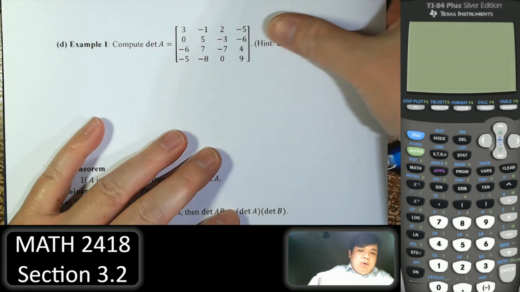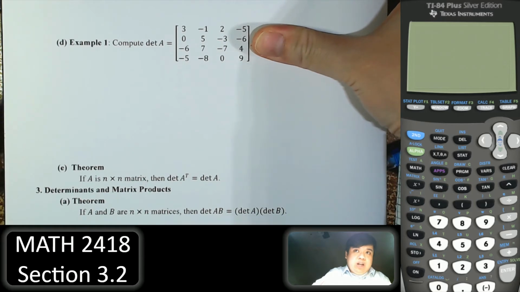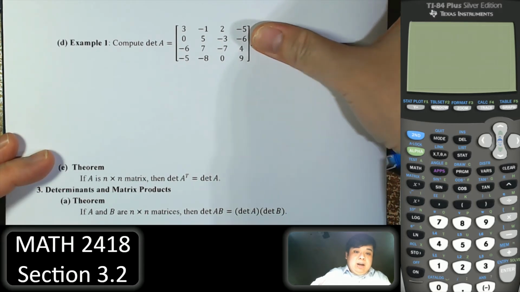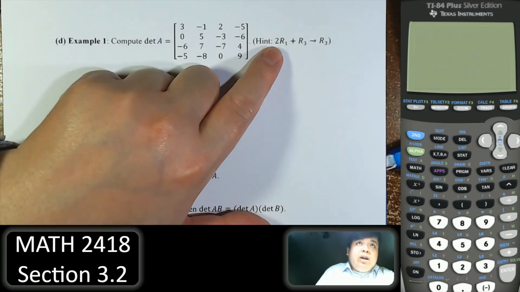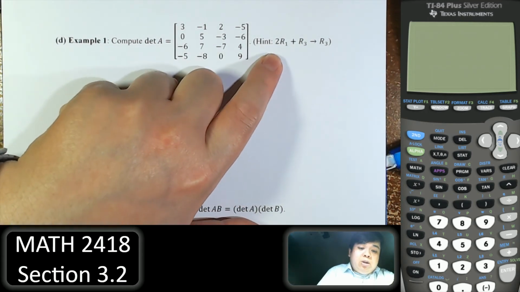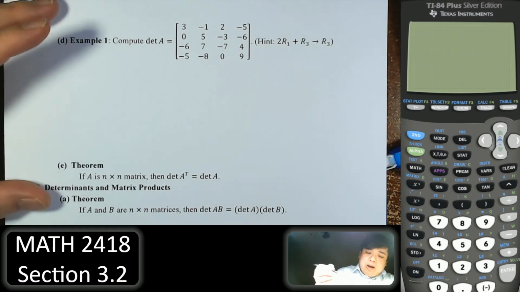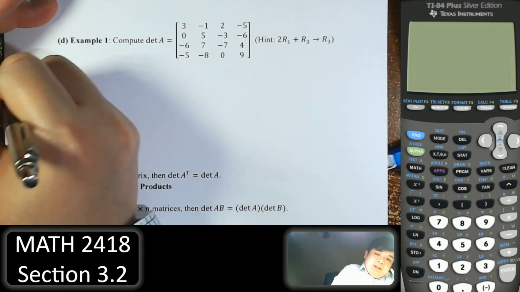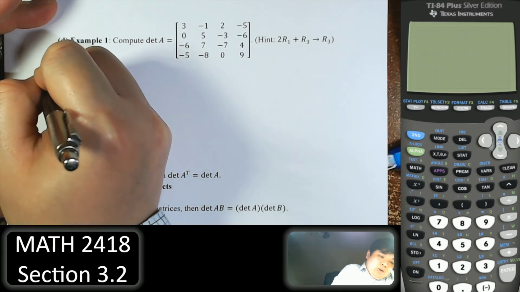Right. Now, like I said, that is usually kind of difficult to see. Like this example, when we look at this and we say, what's so special about that? Of course, I won't be able to tell you anything, but let's consider that little hint. If we replace row 3 by 2 times row 1 plus row 3, I'm just going to do that by hand. 2 times row 1 plus row 3 stored into row 3.